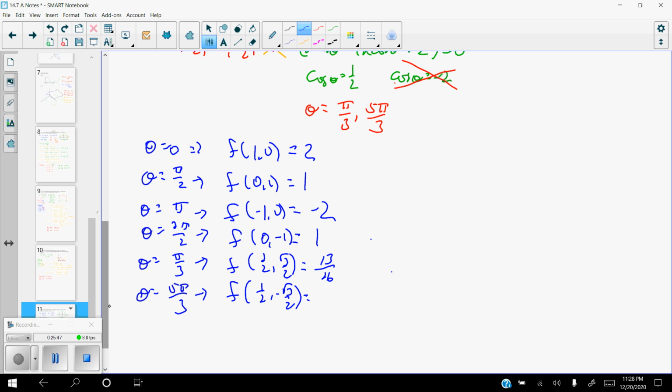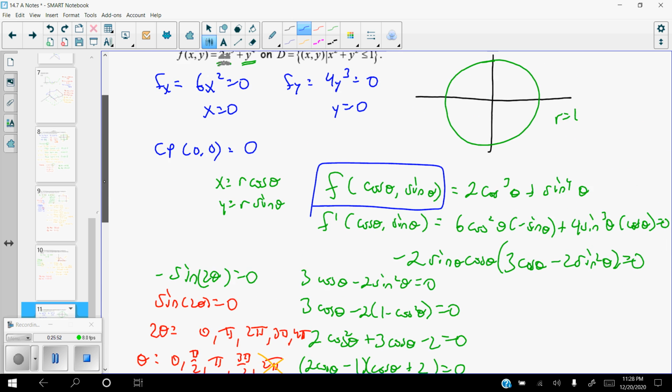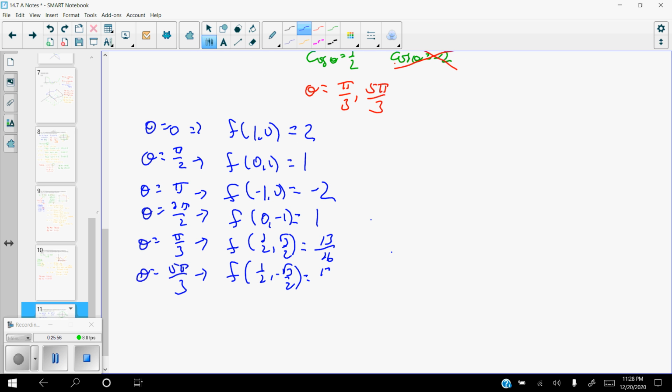But because I believe that that was being squared or raised, no? Oh yeah, to the fourth, sorry. It's still going to give you 13/16. It's the same thing.